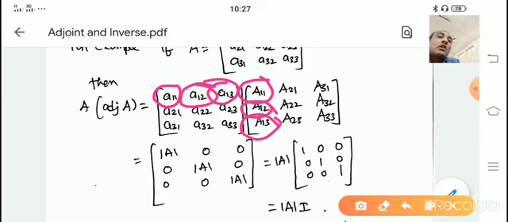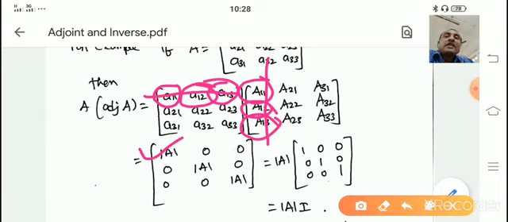I told you the alternate definition of a determinant: it is the sum of the products obtained by multiplying the elements of any row or column by their corresponding cofactors. That means A11, A12, A13 multiplied by the corresponding cofactors, row with column. That means it is determinant of A. That is the alternate definition of determinant.